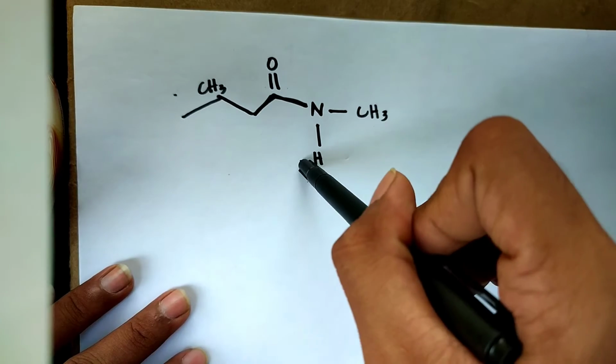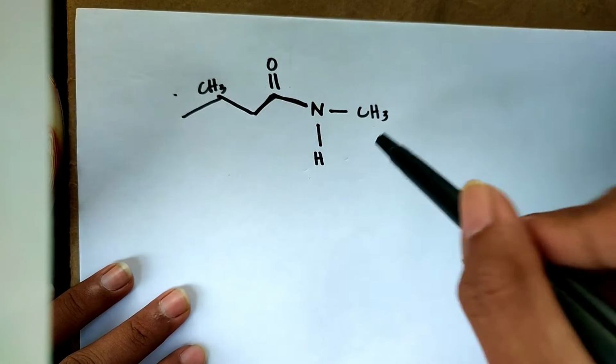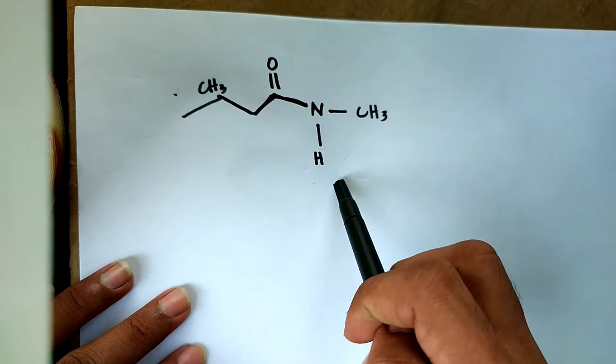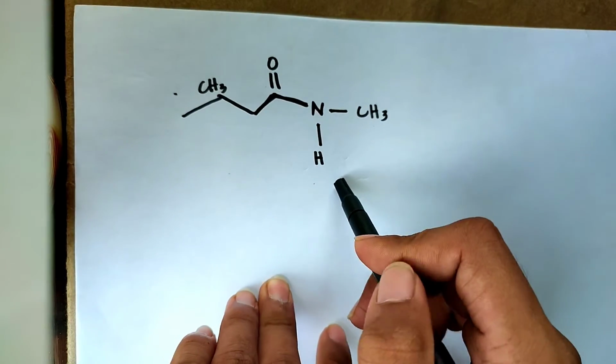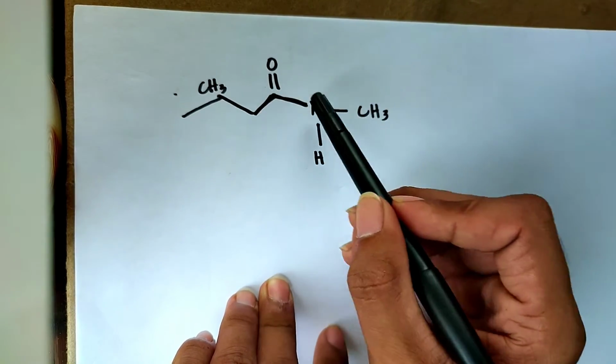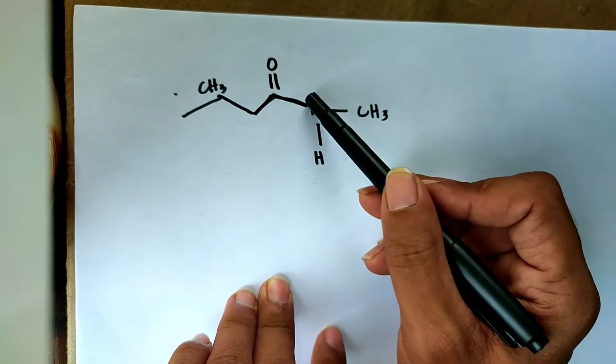Is it primary, secondary, or tertiary? It is a secondary amide because it has two carbons attached to the nitrogen.